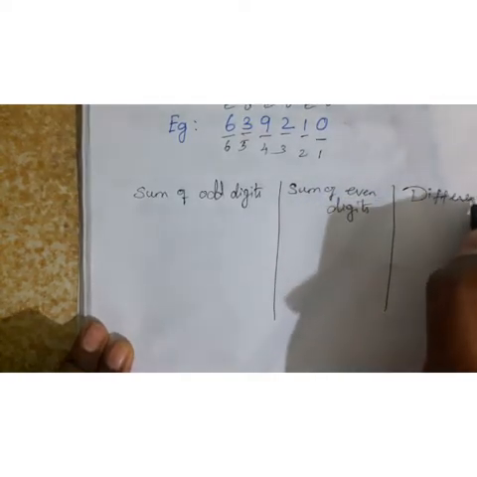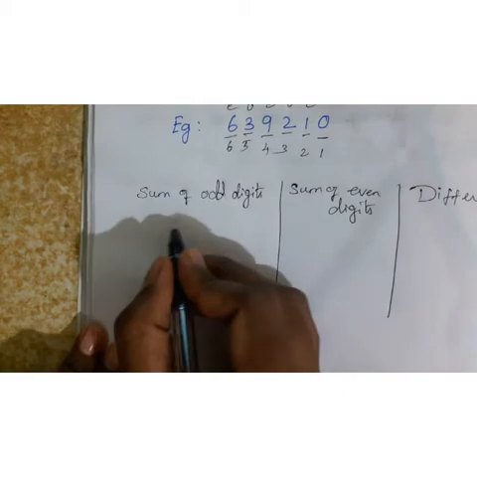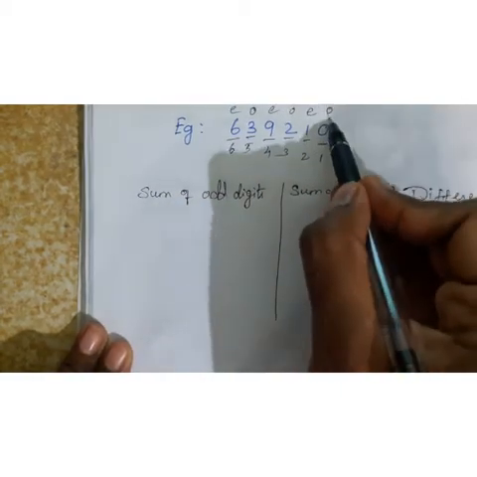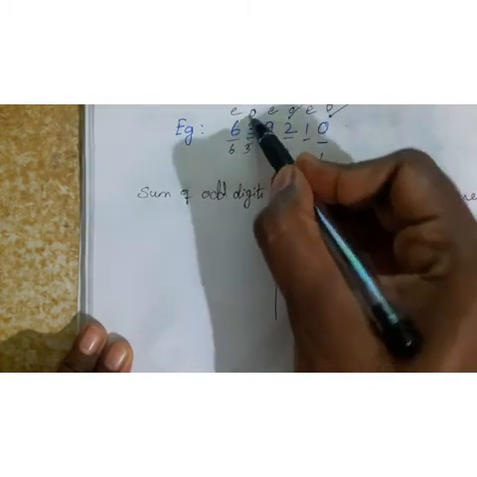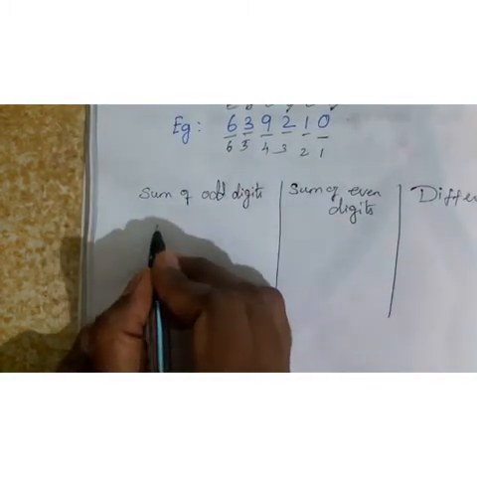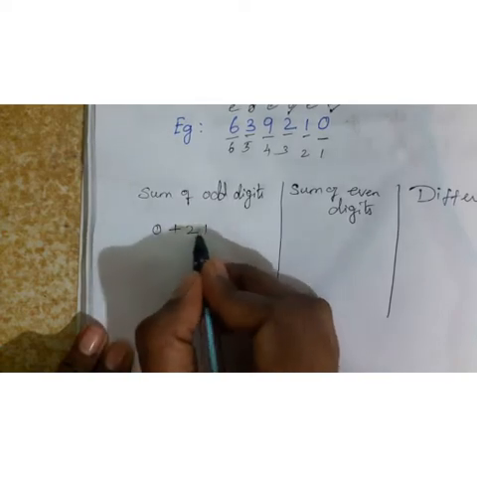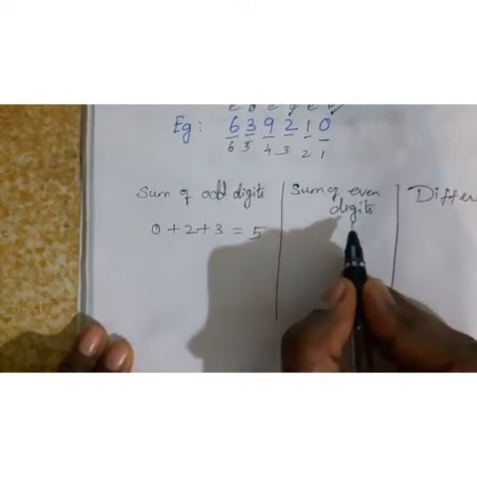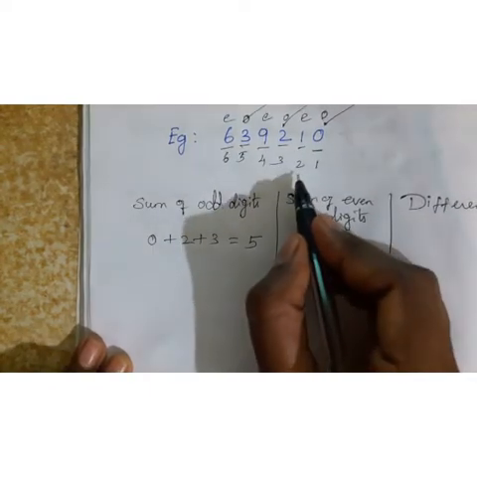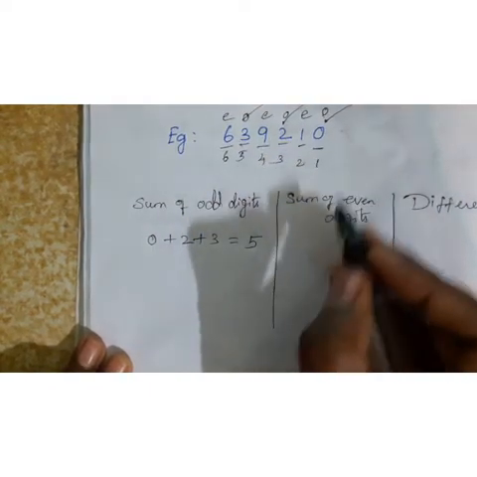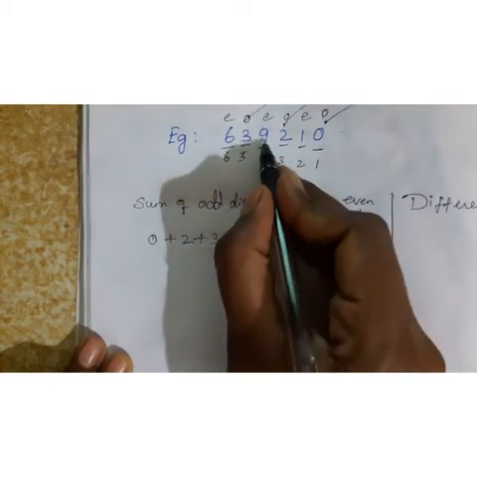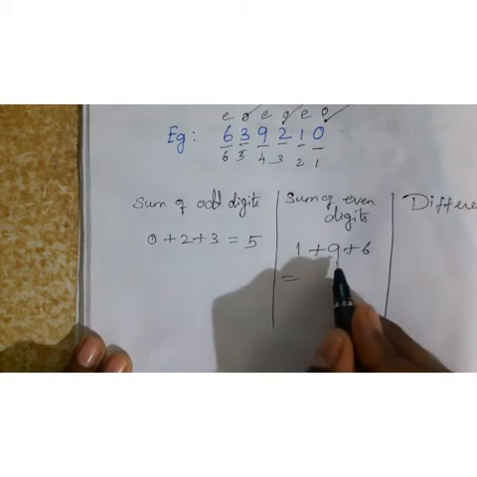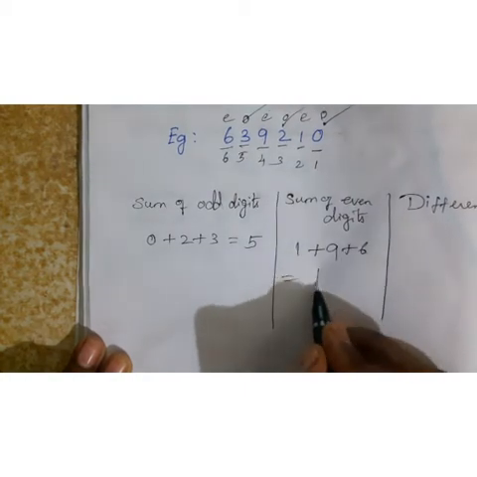Next, the difference. Sum of odd digits: the odd digits are 0, 2 and 3. So add 0 plus 2 plus 3. 2 plus 3 is equal to 5. Sum of even digits: the even digits are 1 plus 9 plus 6. 9 plus 1 is 10, 10 plus 6 is 16.